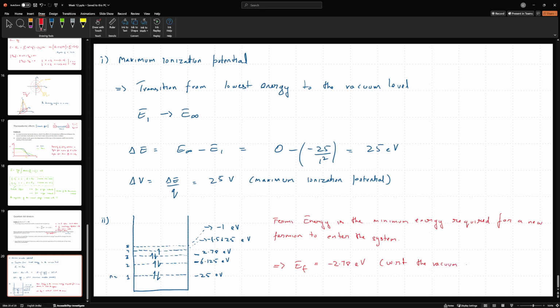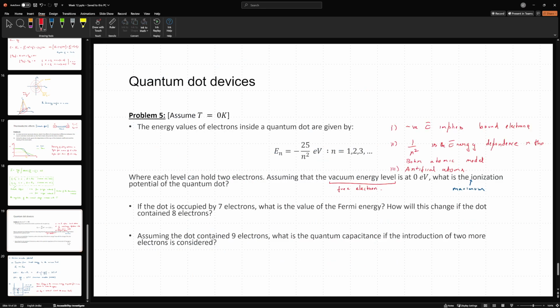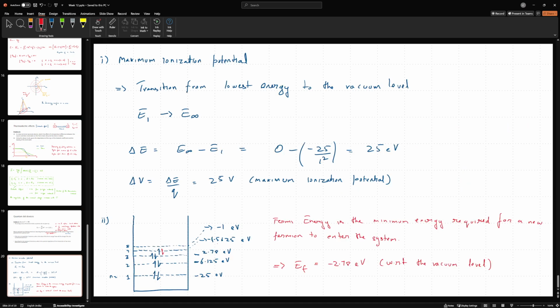The next question is, how will the situation change for the next electron that is being entered? Use the same definition. It is the minimum energy required for a new fermion to enter the system. Now I have 8 electrons in the system. My 8th electron has entered. Now what about the 9th electron? When the 9th electron needs to enter the system, it can no longer go to minus 2.78.